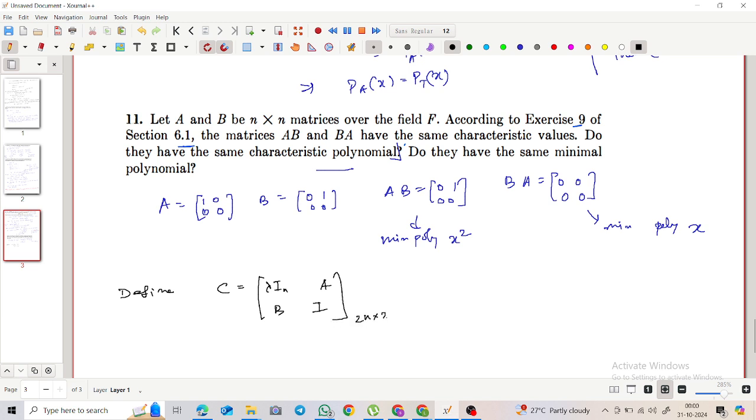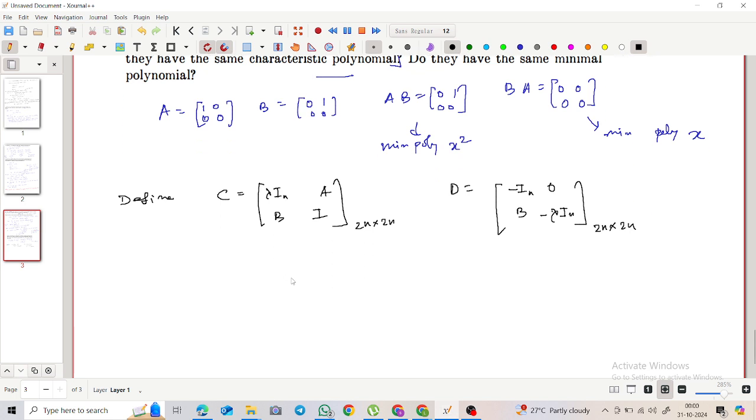Clearly this is a 2n cross 2n matrix. And D is minus I, 0, lambda IN, where IN is the identity matrix of order n, minus lambda IN. This is again a 2n cross 2n matrix. These are block matrices. I have written the matrices in blocks.